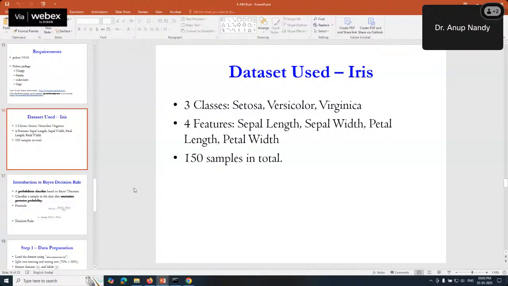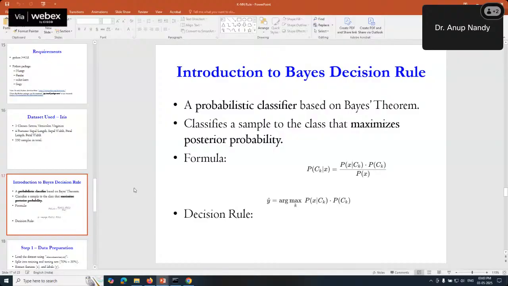There are 4 different features, and each class will have 50 sample points, so the total number is 150. So a total of 4 features is there. Now you need to apply this formula.